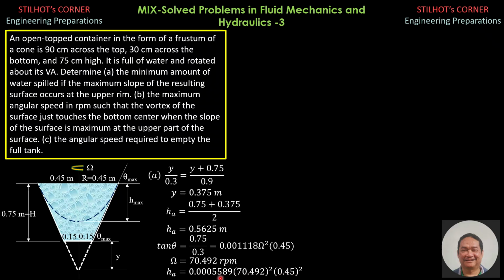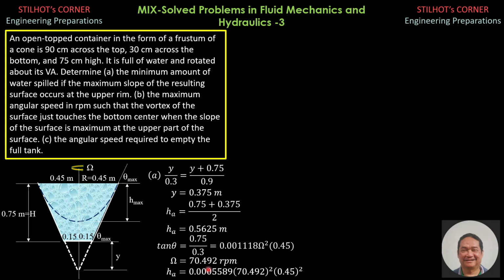0.0005589, again, I derived that in the first part of the topic, rotated vessels. So you can find the derivation there. Again, this is pi squared over 900 over 19.62, which is double this value supposedly.